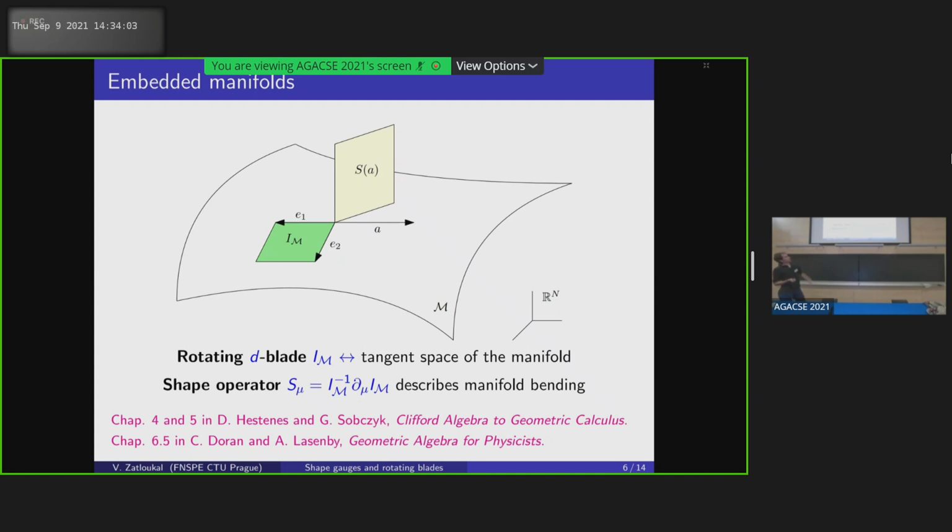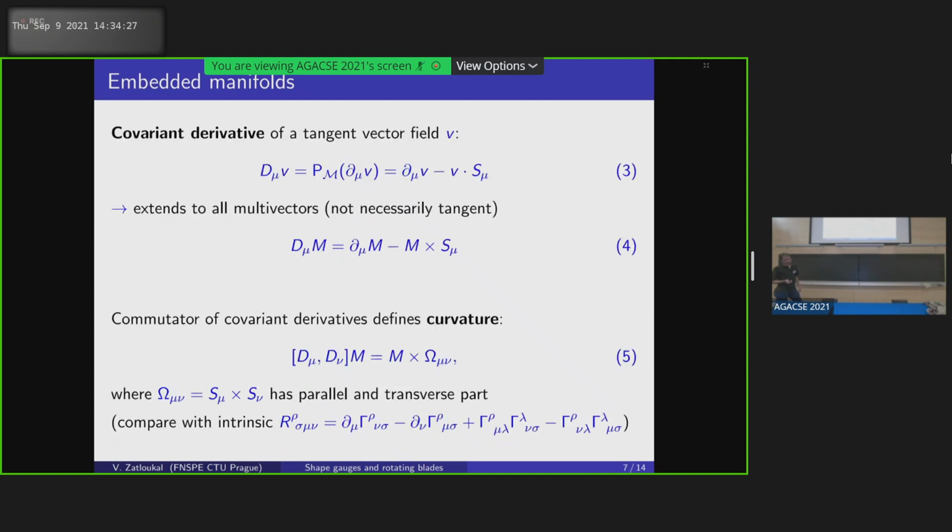We divide out also the I_M for convenience, and this is called the shape operator. There are some standard references, H plus S and D plus L, with the notation of the morning sessions, which give details about this.